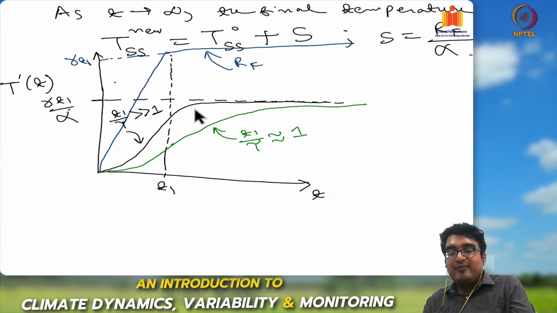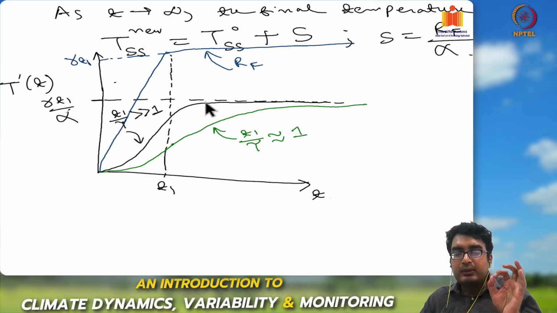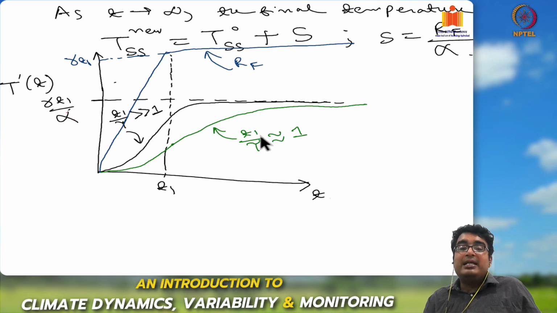So the steady state value is reached quite close to the time at which the radiative forcing becomes constant. The other case is where T1 by tau is of the order of 1. So if tau is 30 years, T1 is say 20, 40, 50 or 60 years, so of the order of 1, say 0.5 or 2, whatever.